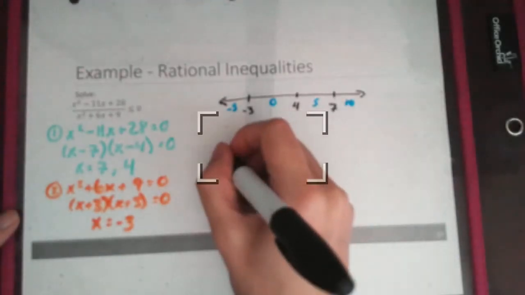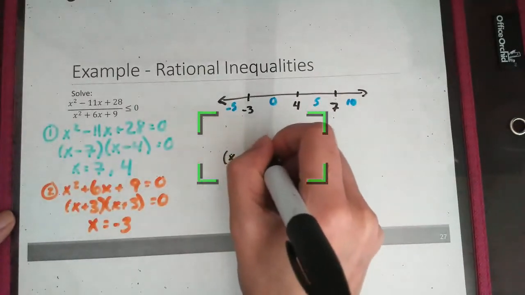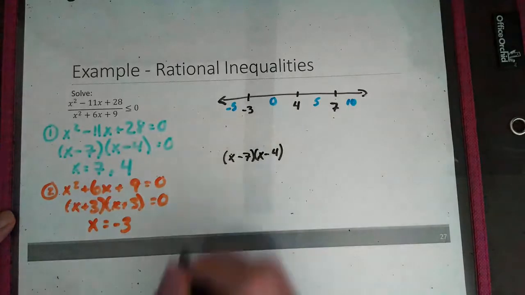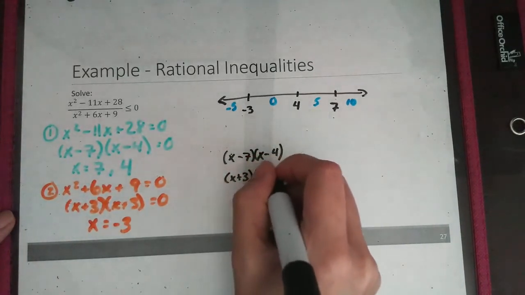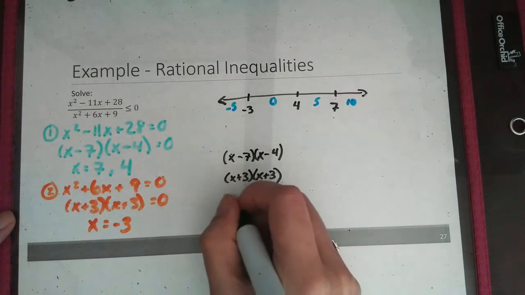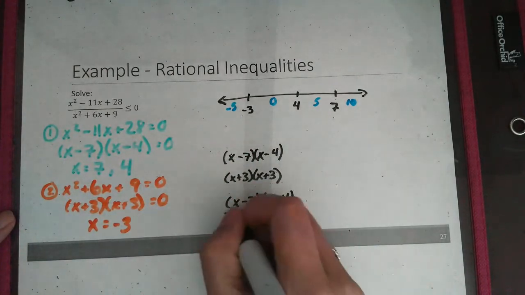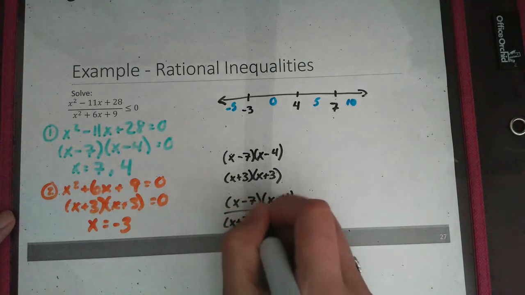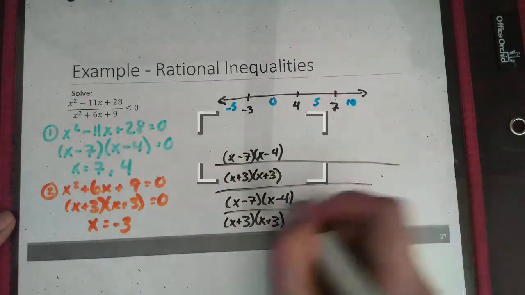So my numerator, I'm going to write it in factored form, was x minus 7 times x minus 4. My denominator was x plus 3 times x plus 3. And then I have the whole fraction x minus 7, x minus 4 over x plus 3, x plus 3. So that makes the rows of my chart.